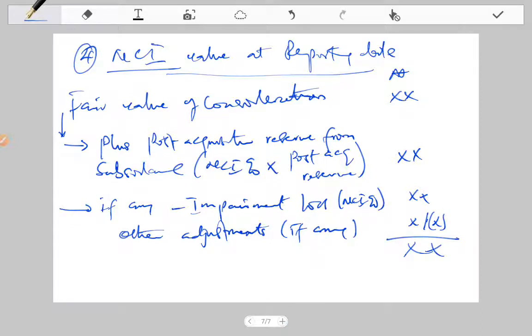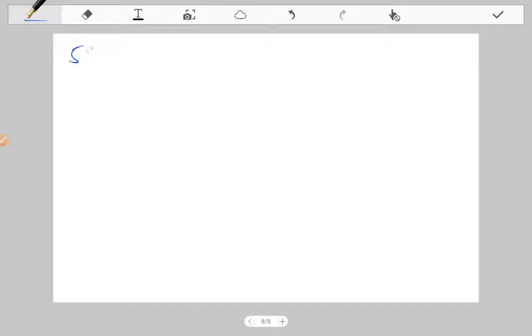The fifth one, to quickly wrap up our class, is what we refer to as the retained earnings. I will use the real description, which is group retained earnings.